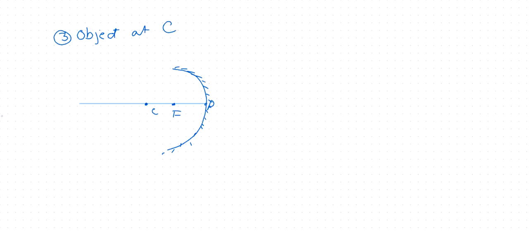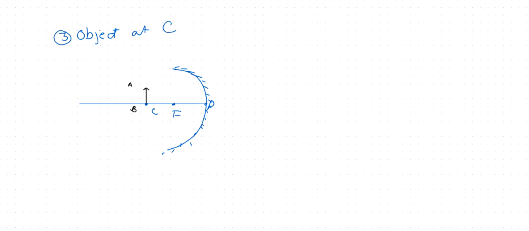Let's draw our object, and like I said, I make it in black color. So this is my object here. I'll make it this big only. Let's put our arrow here so that we know this is the top, and let's call it A, B.